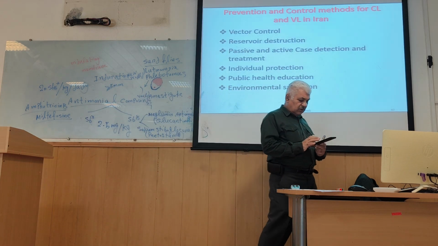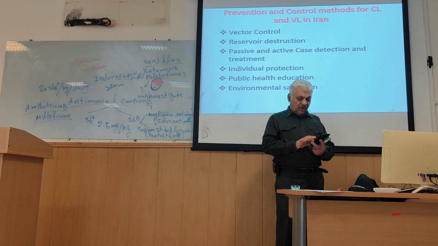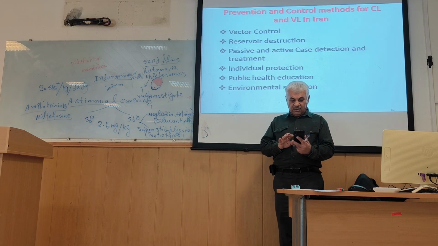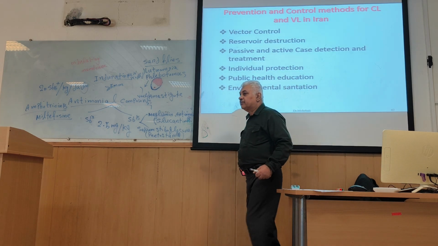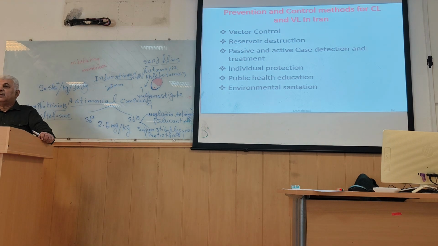For example, destruction of the reservoir house in ZCL, the reservoir house of desert rodents. And in visceral leishmaniasis, the principal reservoirs are canines. Treatment of canines and destruction of infected canines is very helpful for the control of the disease.